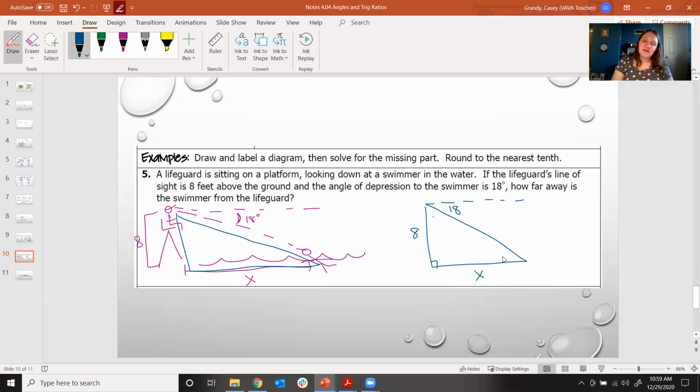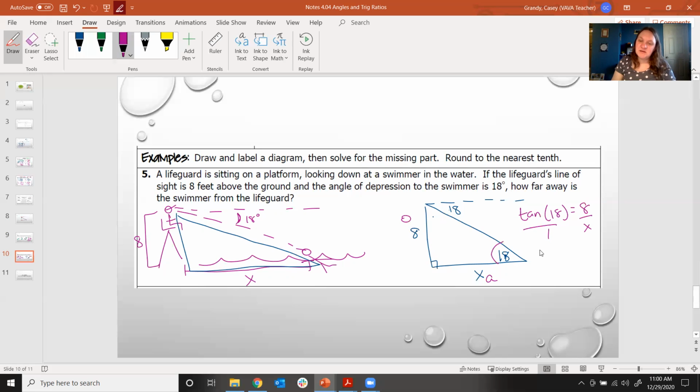So now how could I find this angle? Well, remember, alternate interior angles are congruent. So if the angle of depression is 18, so is the angle of elevation. So now I have an angle, an opposite, and an adjacent, everything I need to solve. The tangent of 18 is the opposite over the adjacent.